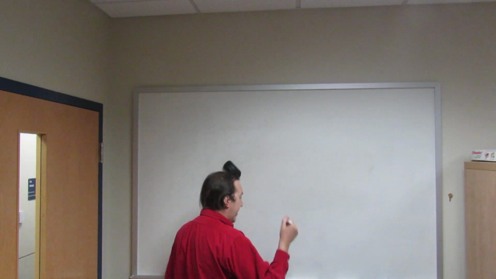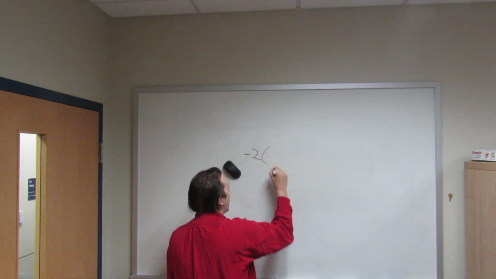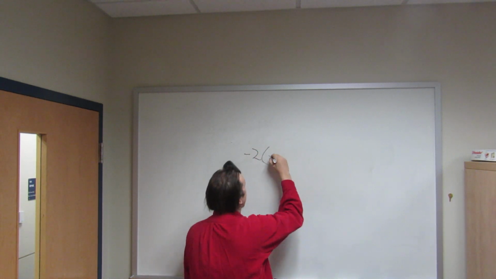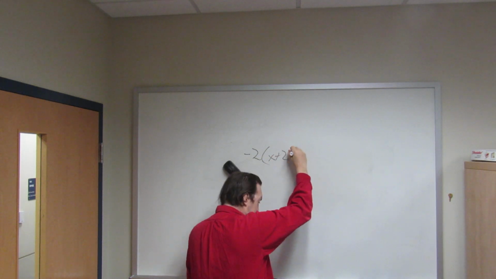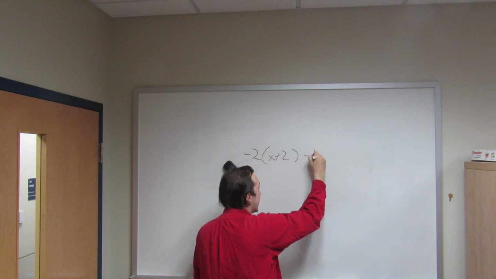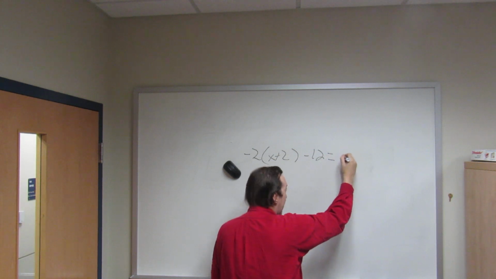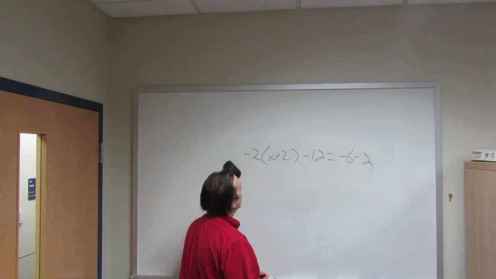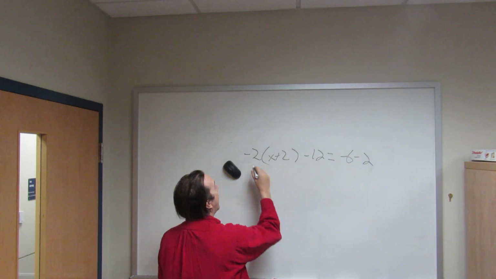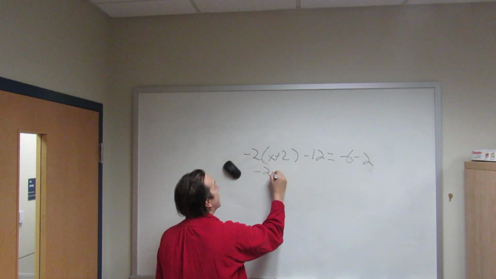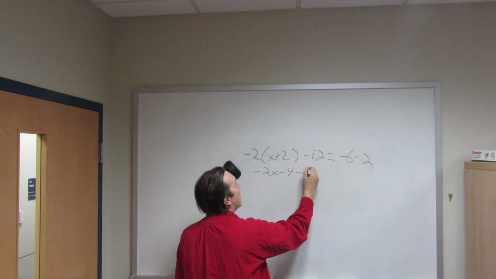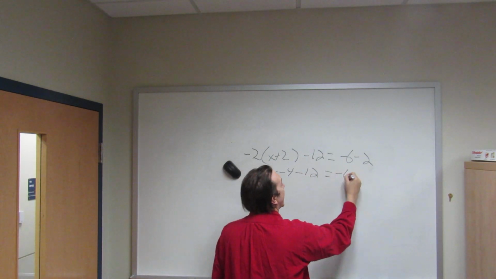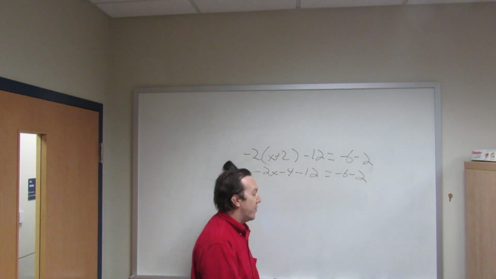Let's say you have something like negative 2 in parentheses x plus 2 minus 12 equals negative 6 minus 2. Distribute what you have here, so you have negative 2x minus 4 minus 12 equals negative 6 minus 2.